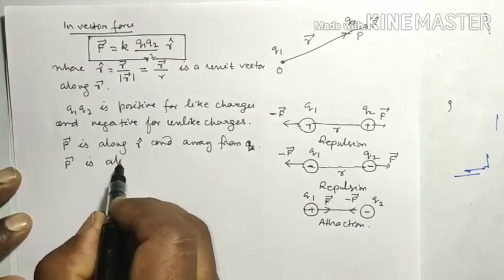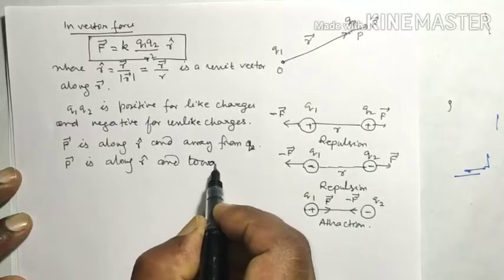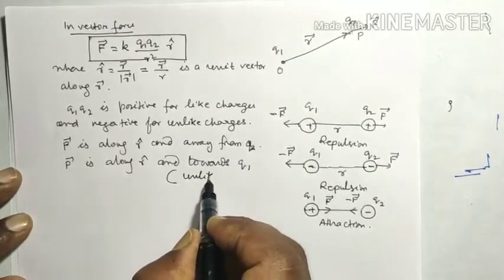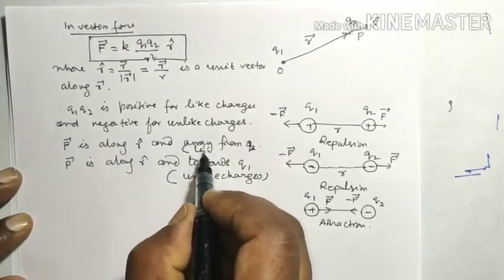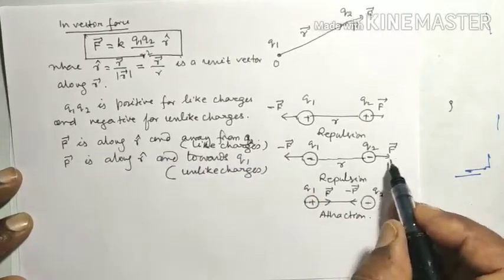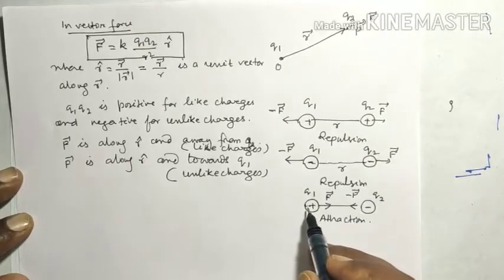F is along r cap and towards Q1. This is the case for unlike charges, and the first is the case for like charges. For like charges, force is outward, but for unlike charges, the force is inward.